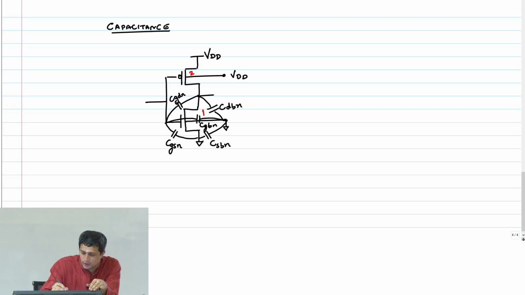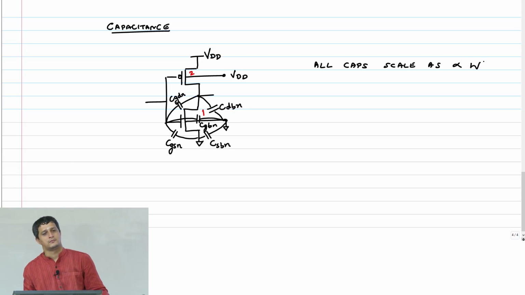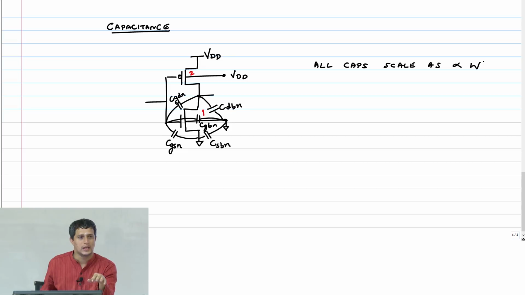So let me put that down explicitly: all caps scale as proportional to W. Therefore, if the unit capacitance for a PMOS transistor, that is a PMOS transistor with width 1, is CGSP, then this will be 2CGSP.